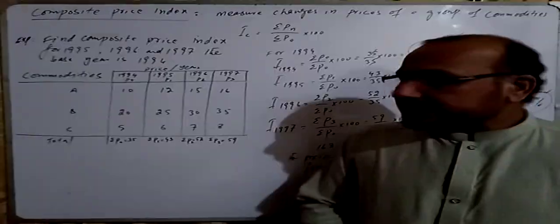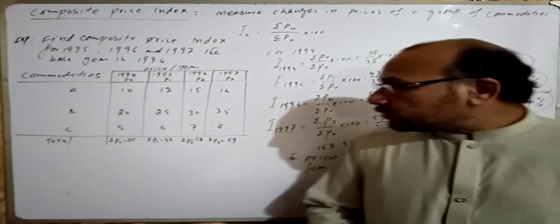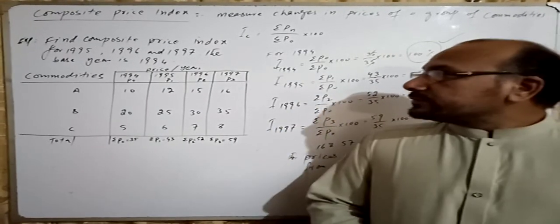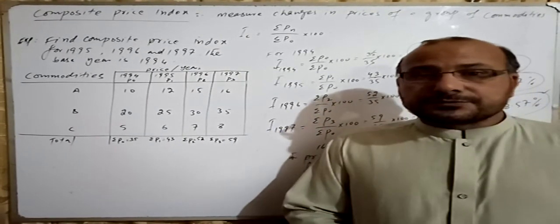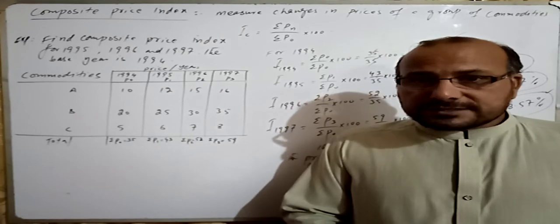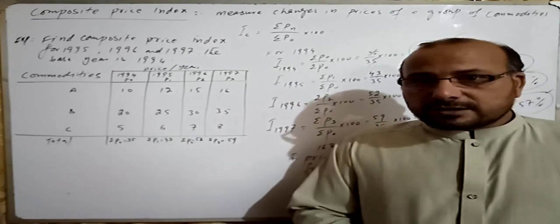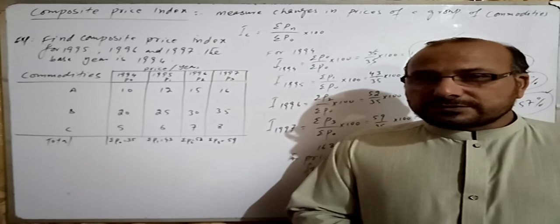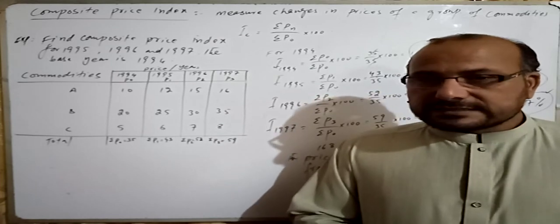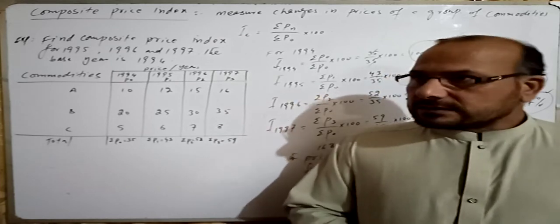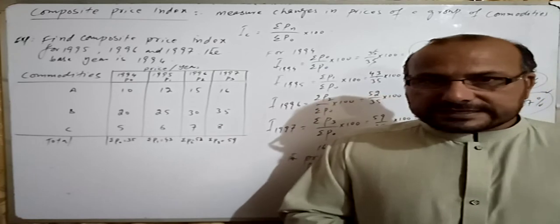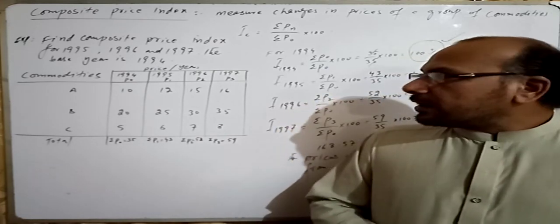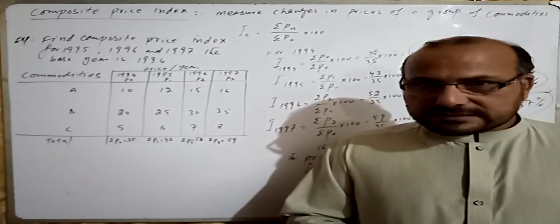In the next video, or in the next week, we will discuss the upcoming topic, which will be related to the unweighted aggregative price indices or weighted aggregative price indices.